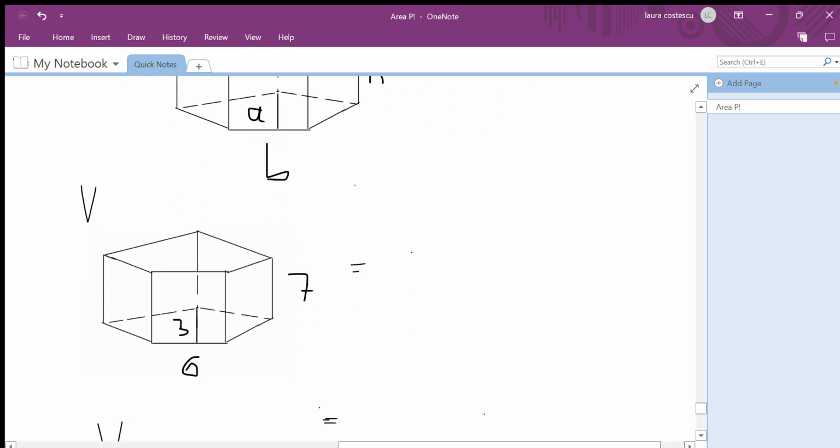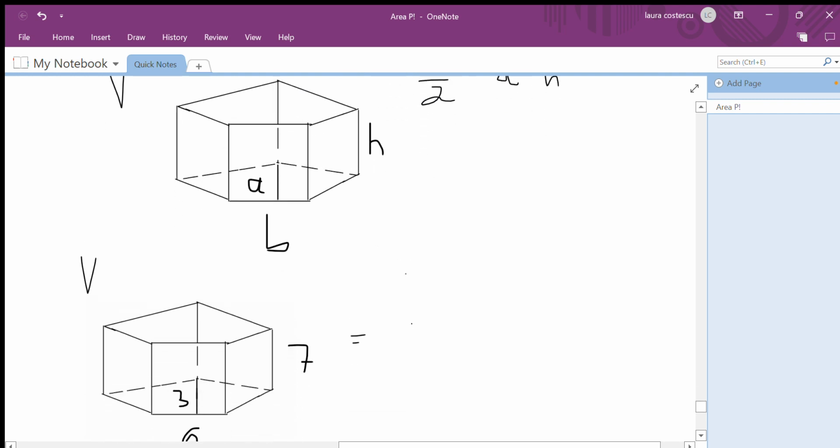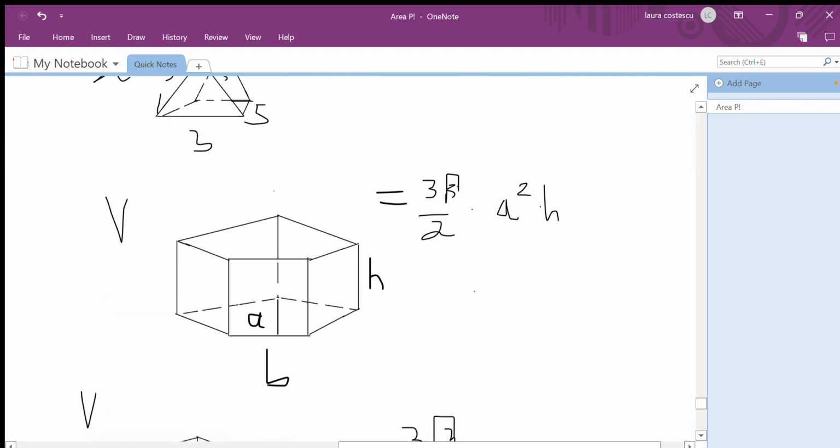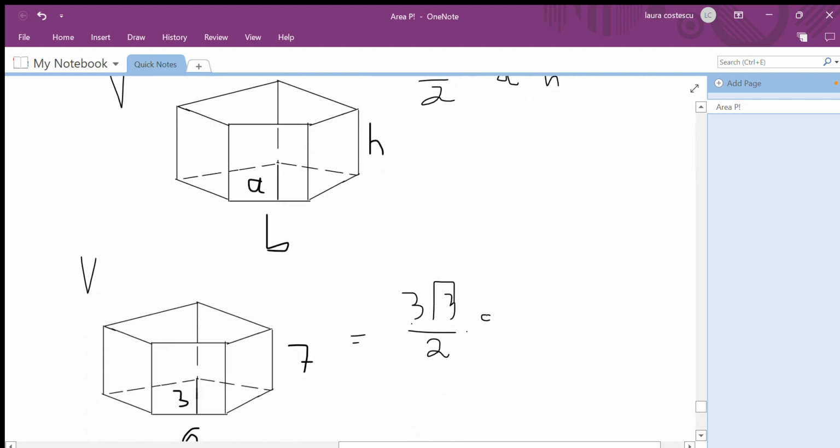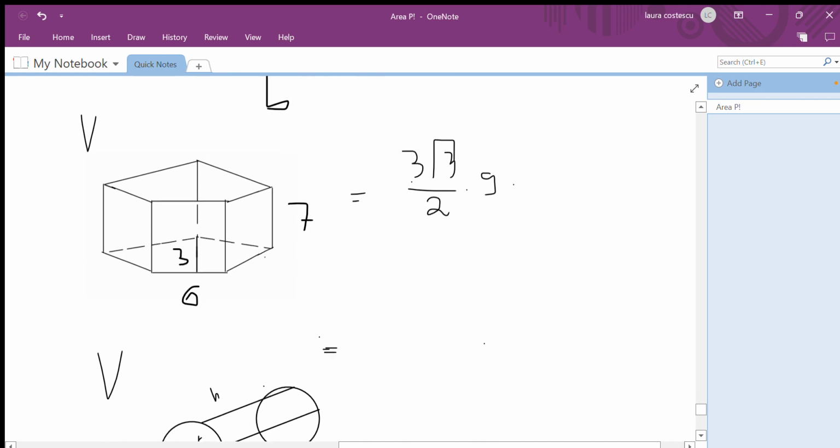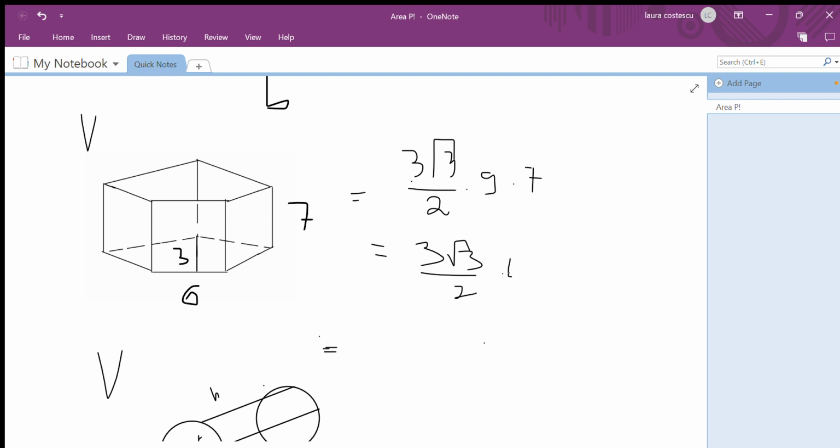So this will be 3 square root 3 over 2 times a squared, which will be 3 squared, which is 9, times our height, which is 7, equals 3 square root 3 over 2 times 63, and it really is nice to approximate more.